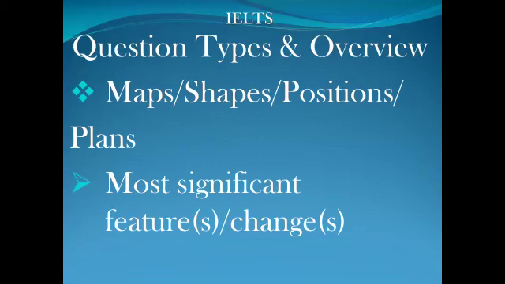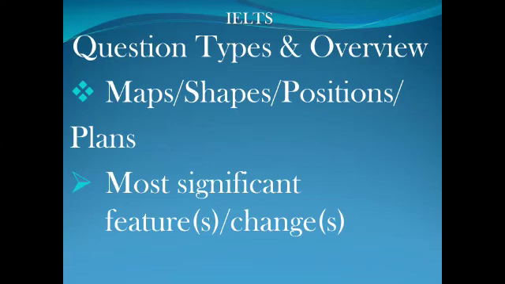For example, if you've been given the plan of, let's say, a building, what is outstanding should be mentioned, because the details, the specifics, would have to do with describing the location of that particular feature.